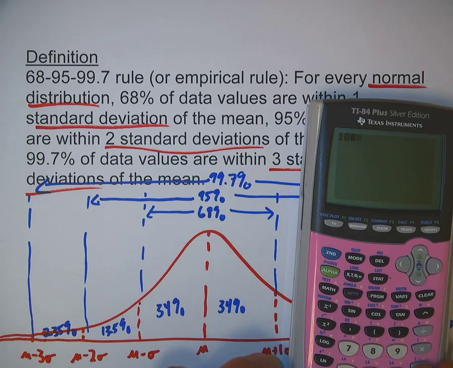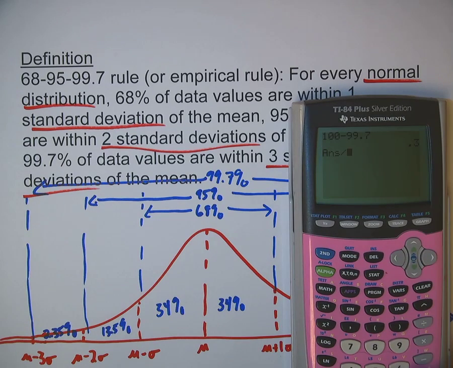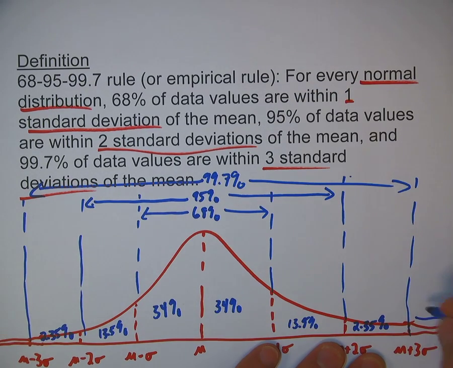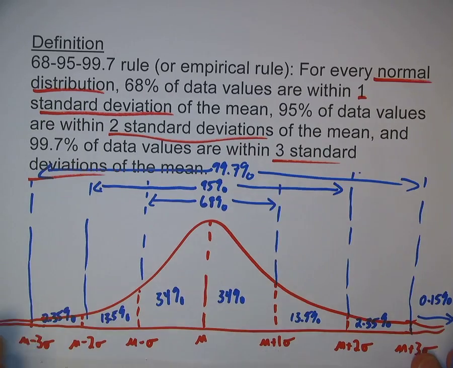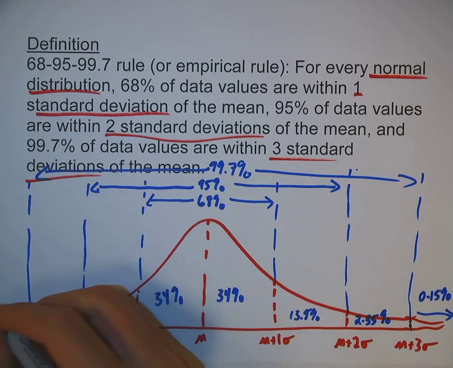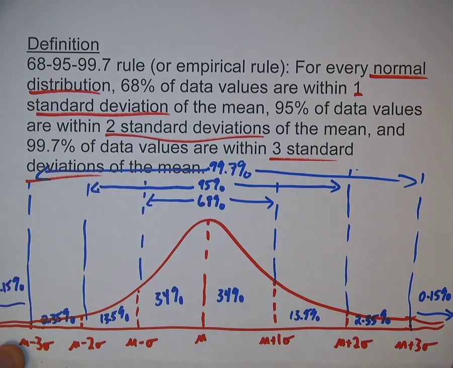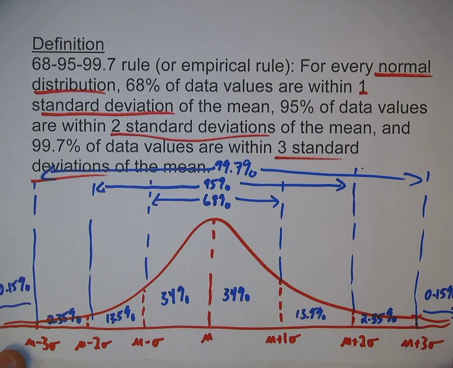So if I do that, that's going to give me 0.3%, so less than 1%. Divide that by 2, and that's going to give me 0.15%. So that's what's going to go over in this region. 0.15% is three standard deviations above the mean or bigger. And then same thing over here, except for now we're going to go smaller.